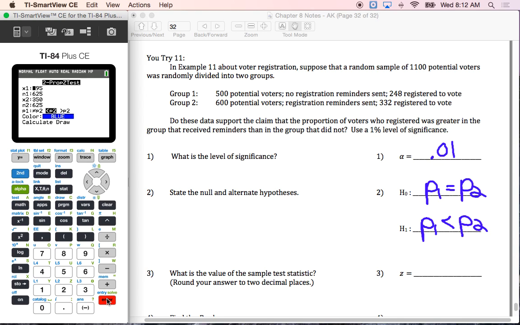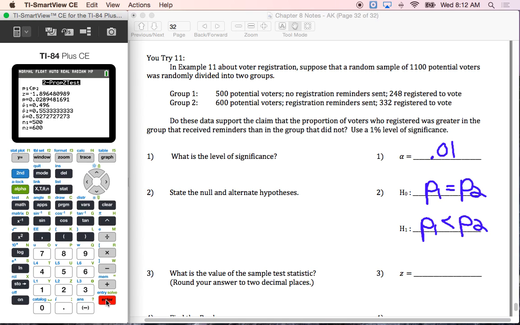So our x1 is 248. Our n1 then is 500. Our x2 is 332. Our n2 is 600. And we are less than again. So we're going to calculate.